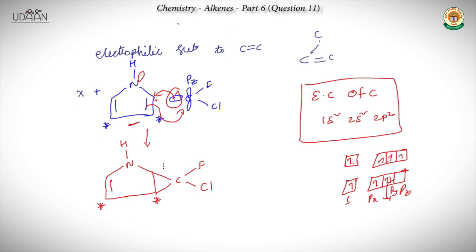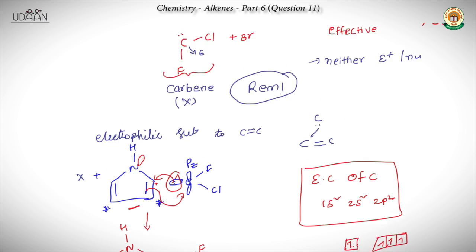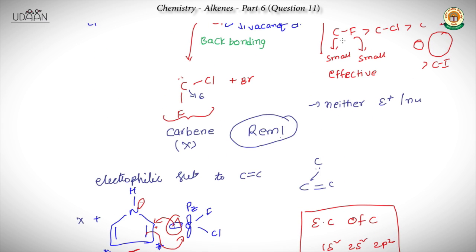Now see how this bond transfer occurs. This bond will shift in this direction, and also from the bond dissociation energy we were shown that the C-F bond is stronger than the C-Cl bond.